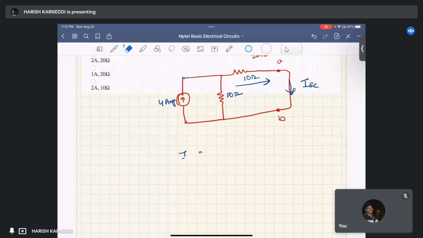What is the opposite resistance here? That is 10 ohm by the total resistance, that is 10 plus 10. This is 4 into 10 by 20, so the ISC is 2 amperes.